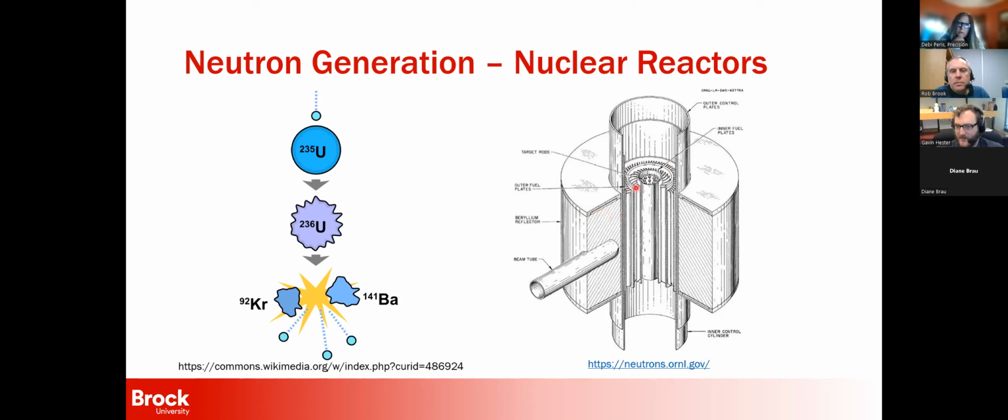I'm not going to go into detail on this, but I think it's kind of comical to think that what we really do as neutron scatterers is ask the nice nuclear engineers if they will drill a hole in the side of their nuclear reactor for us and put in a beam tube to allow some of those neutrons to leave the reactor rather than cause another fission event. It turns out the High Flux Isotope Reactor actually has a number of these beam tubes because it was designed for this, but this was the initial idea of how to make neutrons.